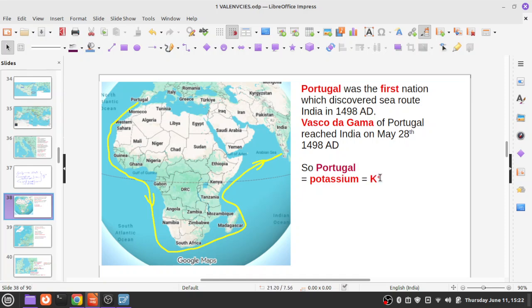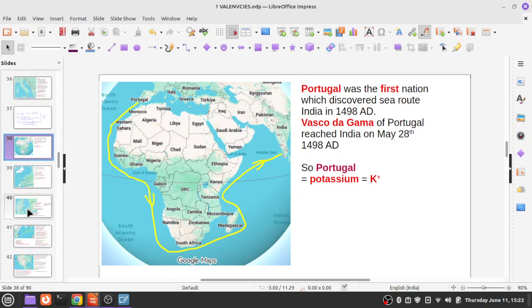So potassium valence is 1 plus. 1 means Portugal was the first country which discovered the sea route to India. Plus means it has benefited a lot by the spice business. And potassium is called kalium in Latin. Therefore, the symbol is K1 plus.